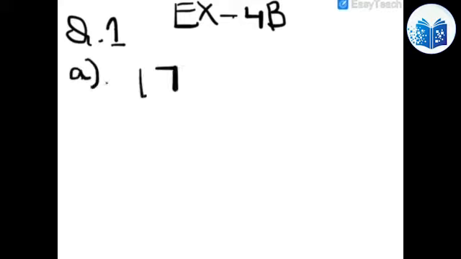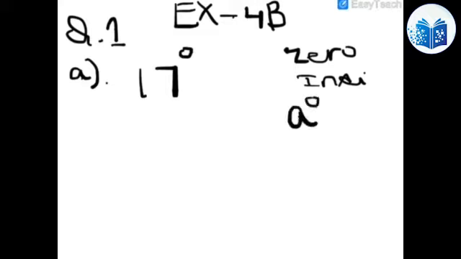Question number 1a is 17 power 0. Now, what was the law regarding zero indices? It was a power 0 is always equal to 1. So what will be the answer of it? 1. 1 is the answer, because 17 has got the power 0, which made this thing equal to 1.